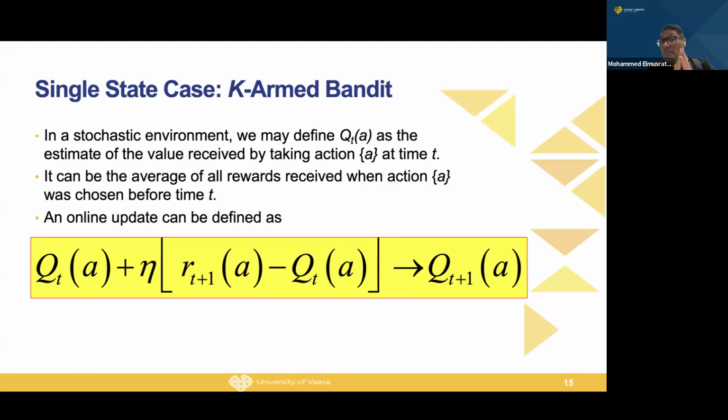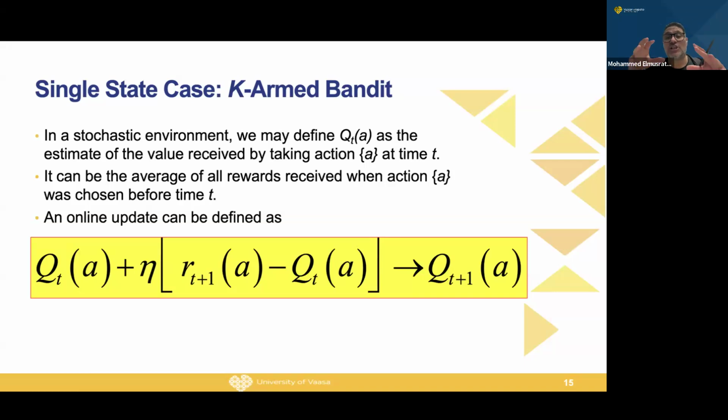So the Q learning in a single state, in its simplest form, is the following: you try to build the Q, the average reward that you obtain from taking an action. After repeating this many times, you end up with a Q.